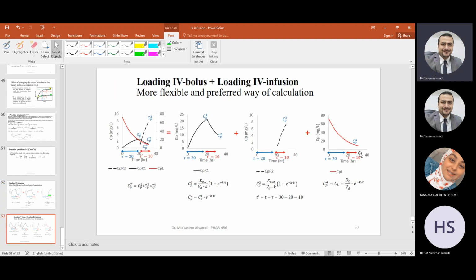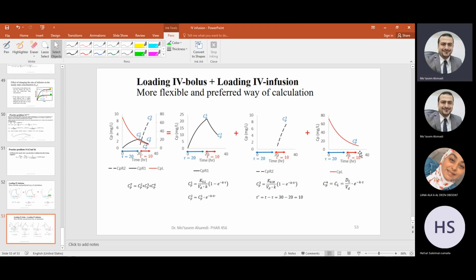Even if I add a third input here, for example, a loading IV bolus, a loading IV infusion, and also a continuous IV infusion, you have how many inputs here? Three. You divide them into three graphs, right? You solve each graph alone. Here you get the CP1, then the CP2 from CP1. Here you get the CP3, and then here you get the CP4. Then at the end of the day, what's CP total at 30 hours?